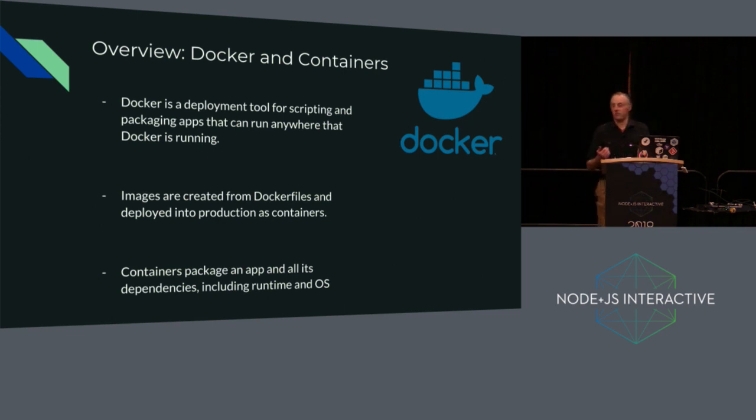As long as your server is running the Docker process, that's the only contract you need. So operationally and development-wise, it's a very powerful tool. It certainly comes with its fair set of complexities, but I think the learning curve is easy to get into in terms of, say, local development.